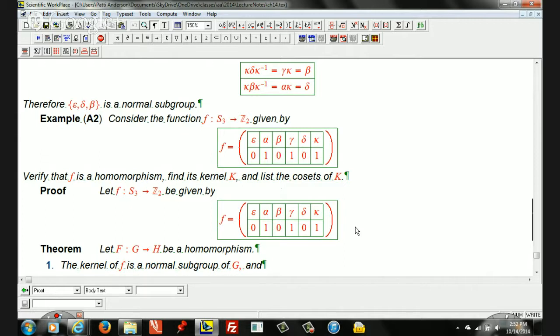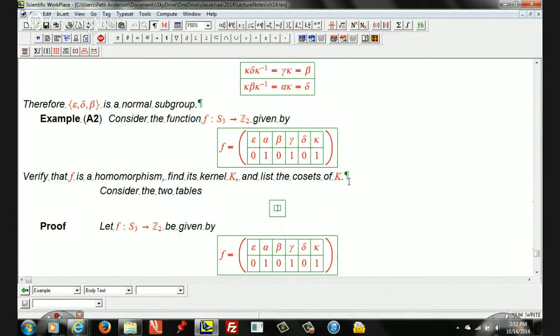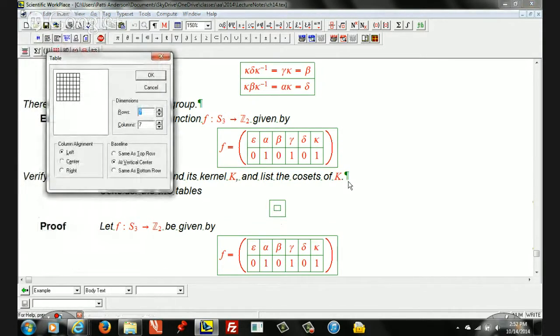And so what we're going to do before we actually do that is I'm going to put that up here at the top. We're just going to consider, so for this one we have 6 values, so I need 7 by 7.